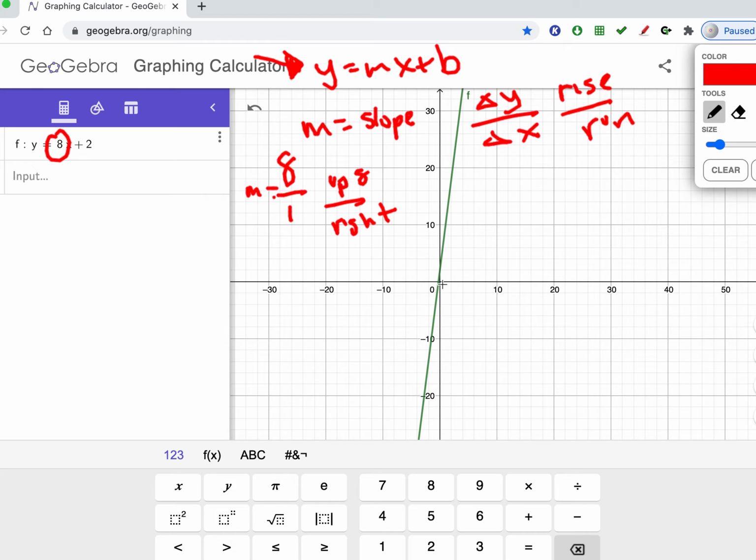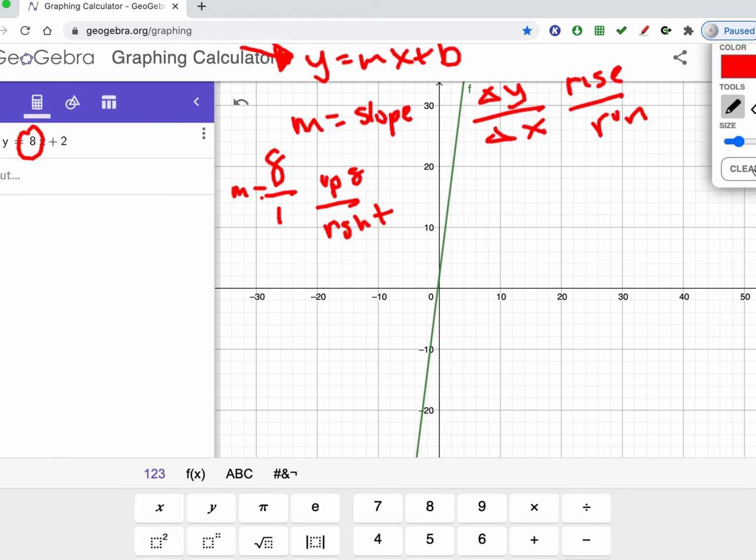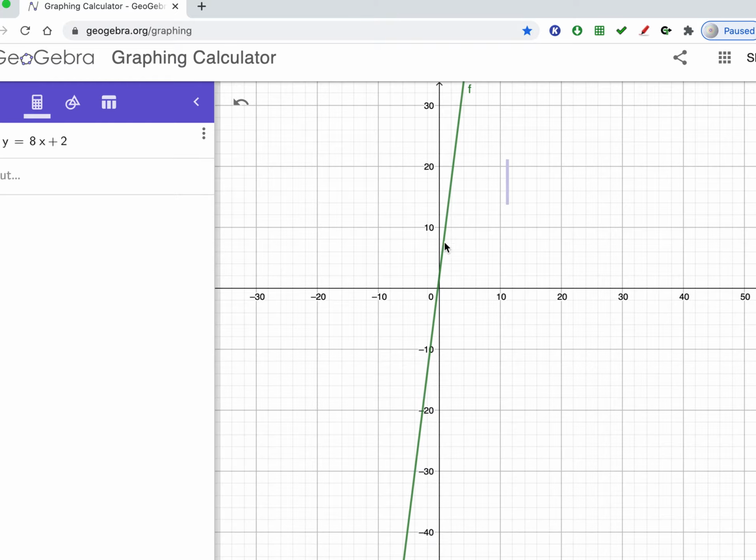You go up 8: 1, 2, 3, 4, 5, 6, 7, 8 over 1. Up 8 over 1. Let me zoom in. I have to clear this though to show you what I mean.